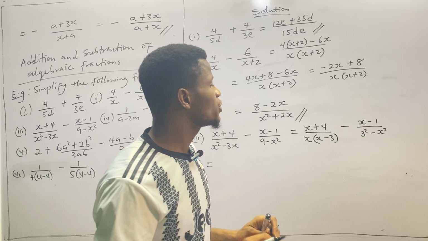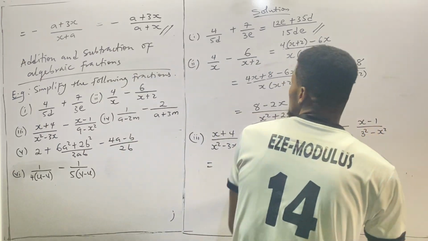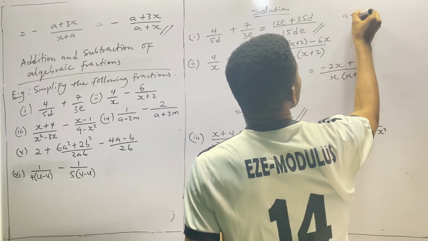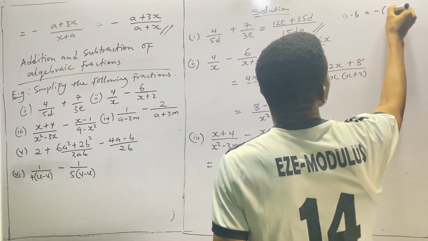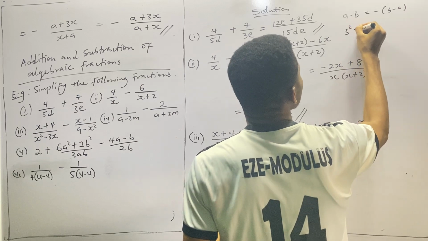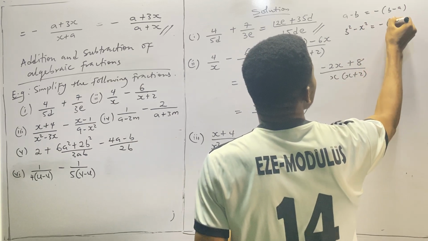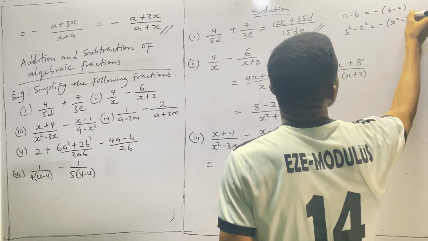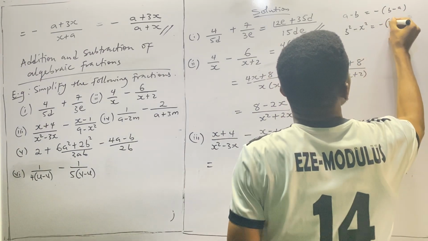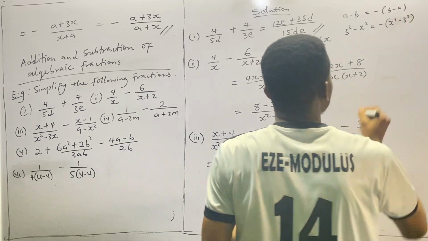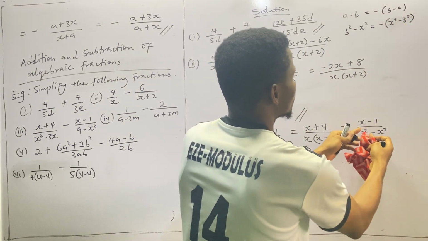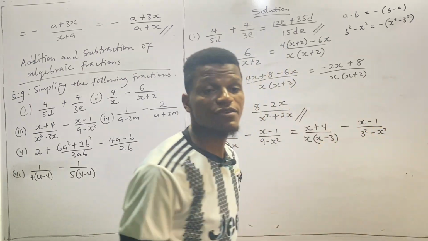All right. So let's use the principle I have initially initiated: a minus b is the same thing as what? Minus b minus a. So here, 3 squared minus x squared is the same as minus x squared minus 3 squared, right? So x squared minus 3 squared. So we are going to factorize it, interchange this, and to make it the same, we bring out the negative sign, all right?